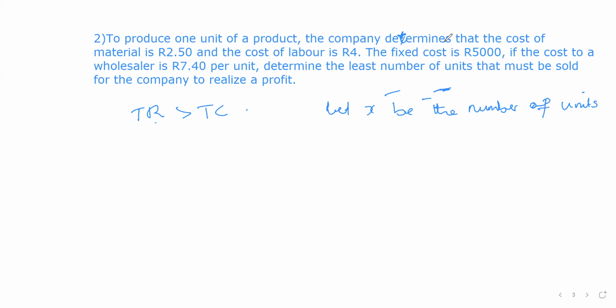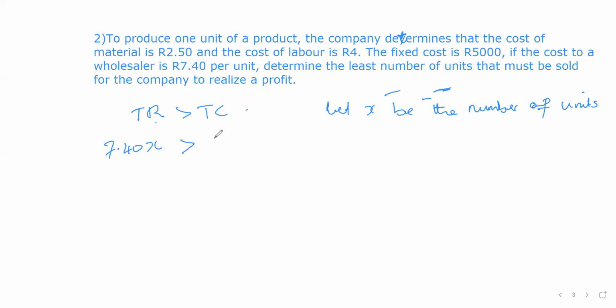The cost to a wholesaler is actually the price, because that's how much the wholesaler buys it for. It's $7.40. So 740 times X is my total revenue, and this must be greater than total cost.